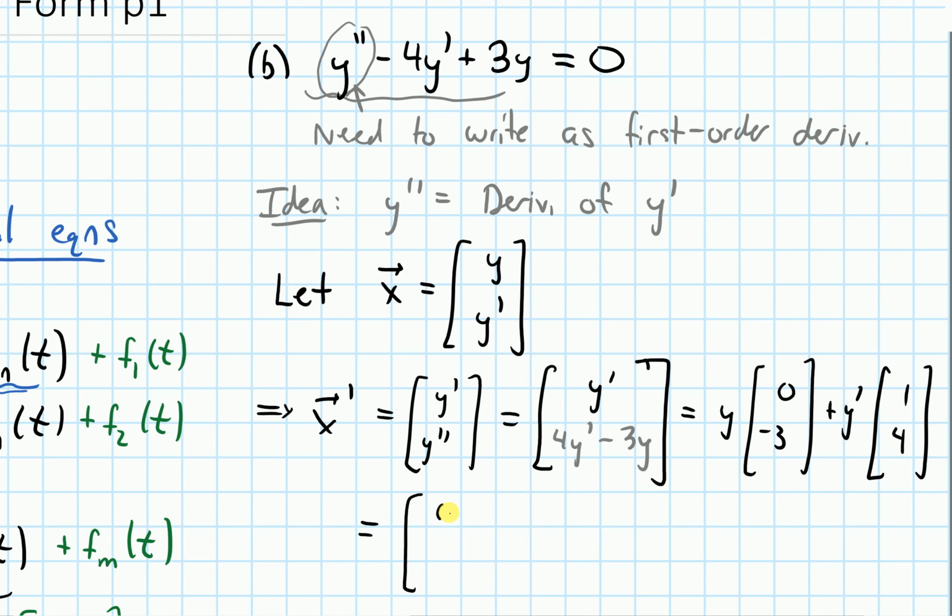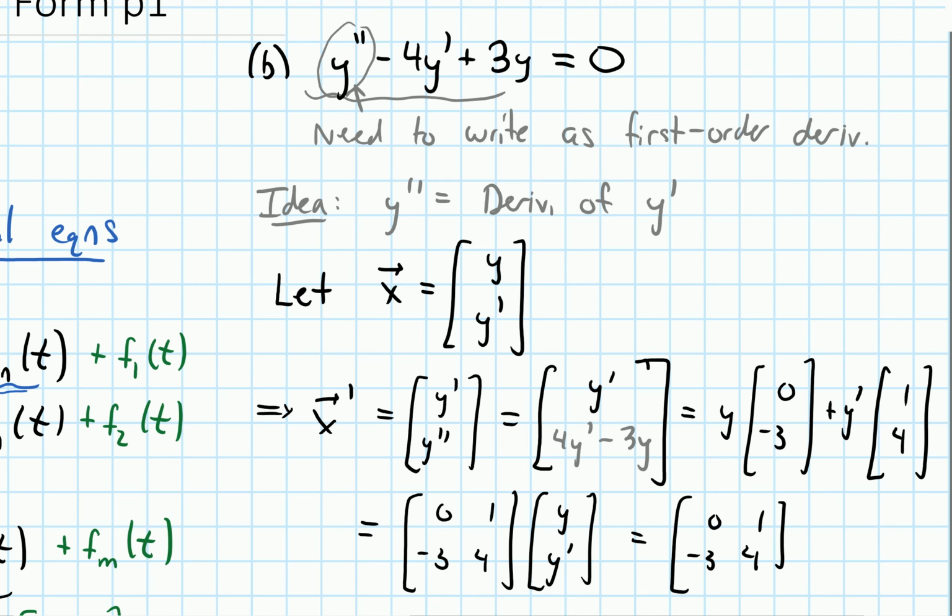I'll have the matrix 0, 1, negative 3, 4, times the vector whose entries were the weights of this linear combination. So it was y first and then y prime second. Notice that the vector x that has y and y prime as the entries, that's what's showing up here. So I can just express this as multiplying by the vector valued function x.